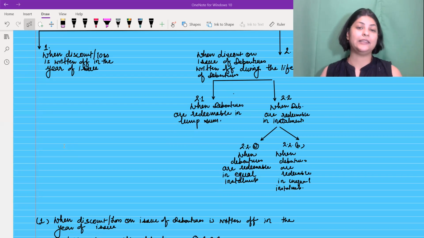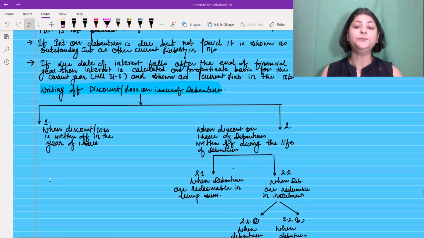So altogether, under case number 2, we have to study 4 things. Number 1, when discount on issue of debenture is written off during the life of debenture, under that we will see if debentures are going to be redeemed under the lump sum method. Means all the debentures are going to be redeemed together. So that is going to be called the redemption of debenture in lump sum.